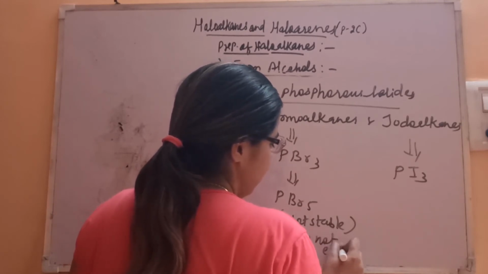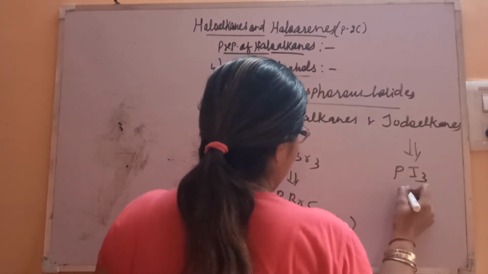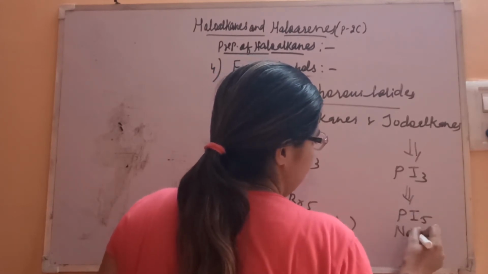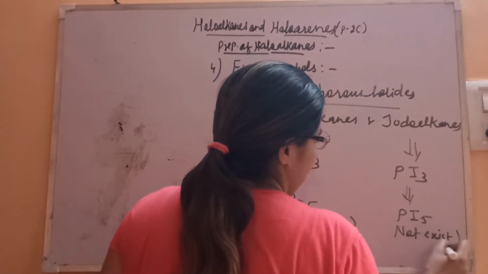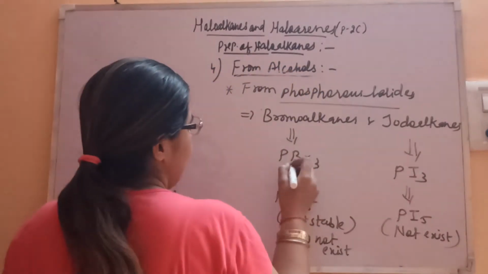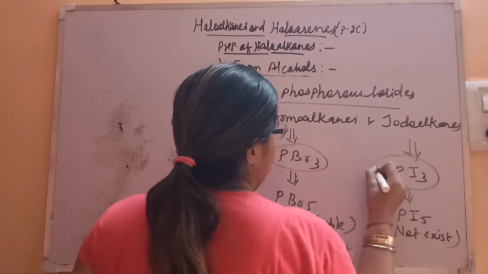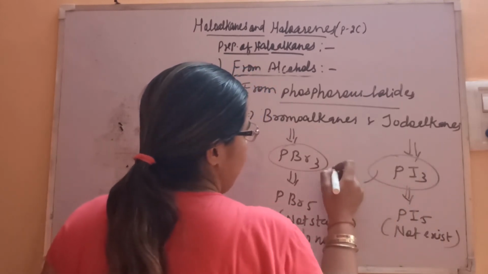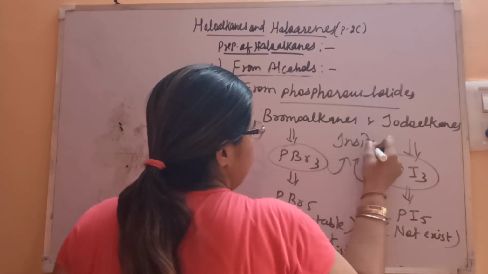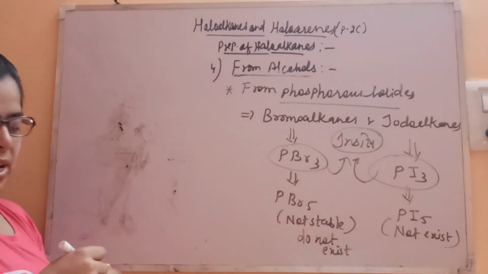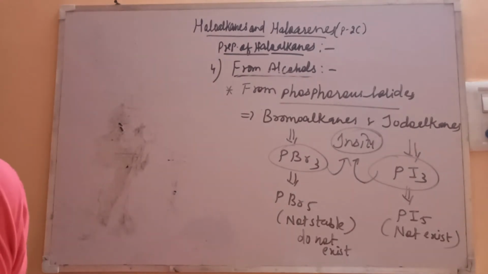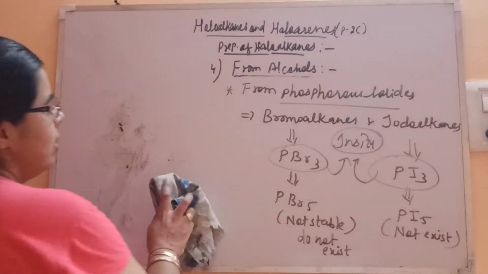PBr3 and PI3 are also not that stable, so they will be prepared in situ. In situ means within the reaction it will be prepared. So let's see how these get prepared in the reaction.